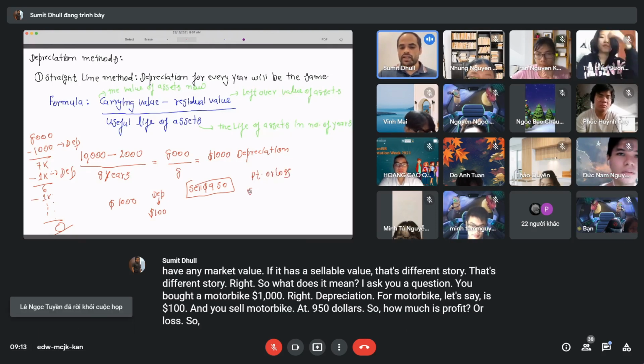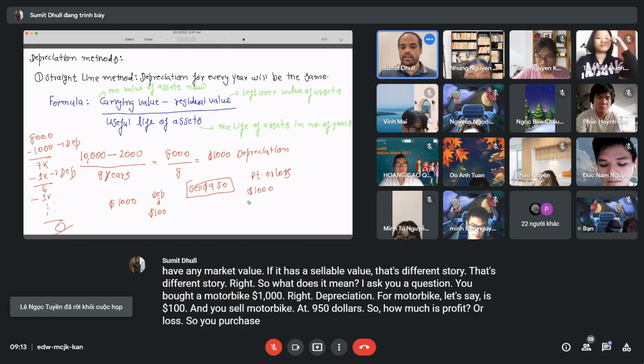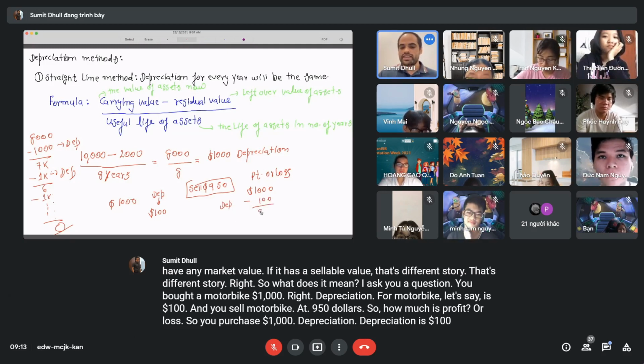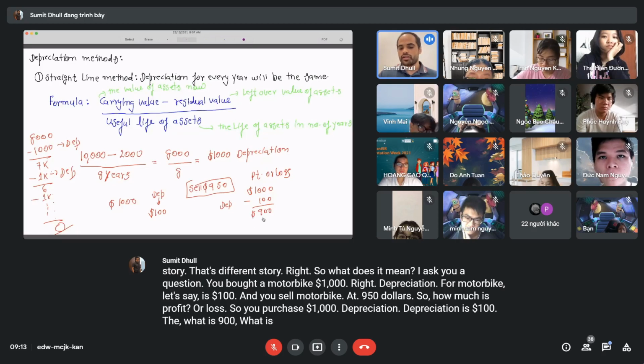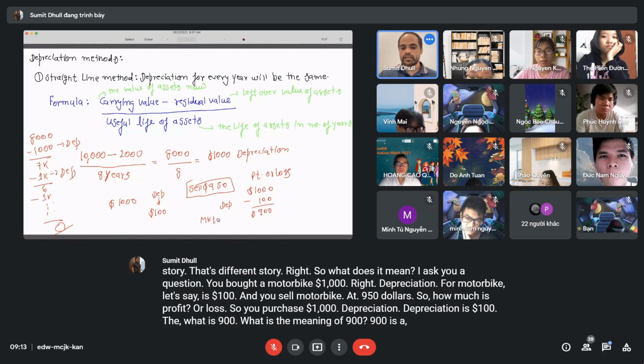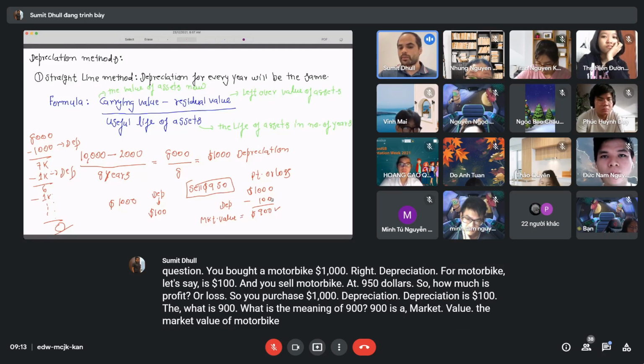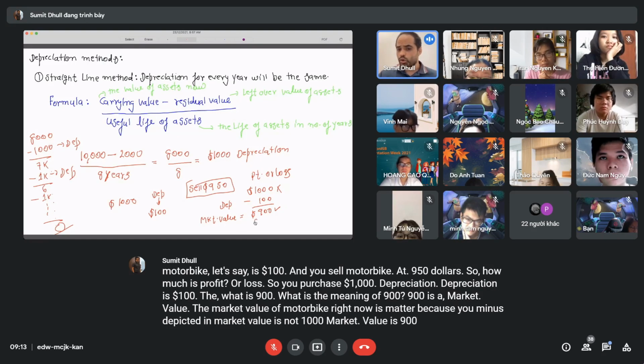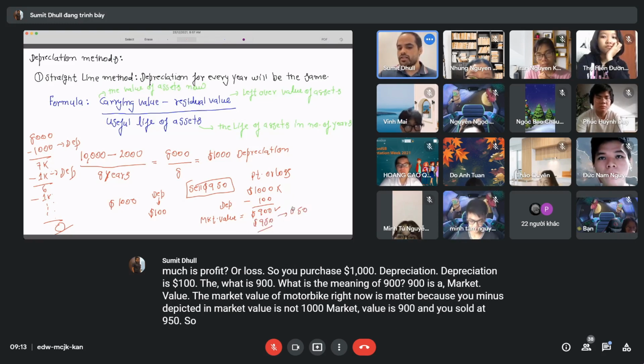You purchase at $1,000. Depreciation is $100. What is 900? What is the meaning of 900? 900 is the market value. The market value of the motorbike right now is 900 because you minus depreciation. Market value is not 1,000. Market value is 900, and you sold at 950. So $50 is your profit.